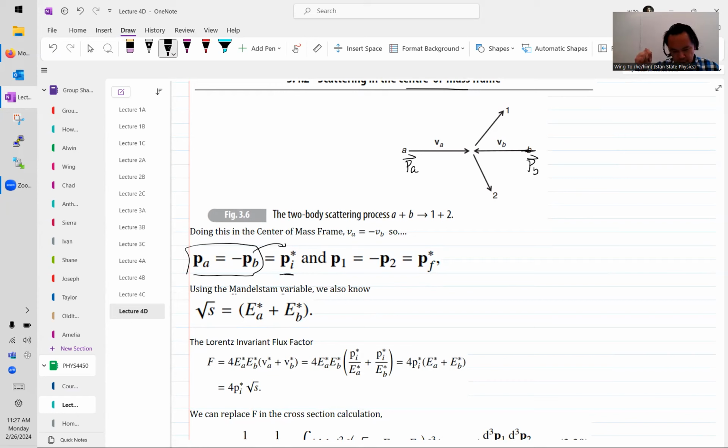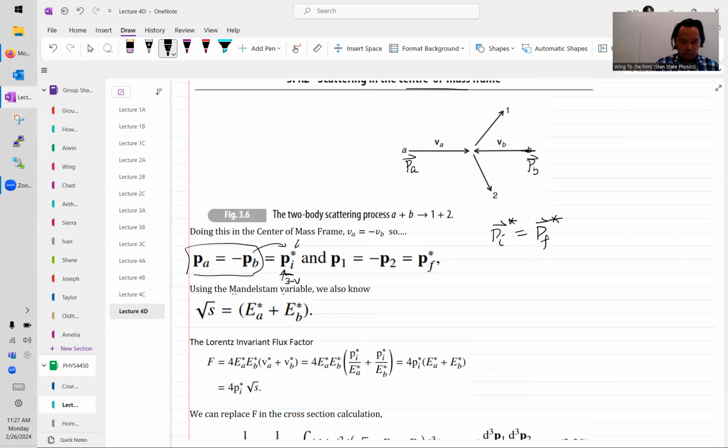Once again, he's using a different notation. When he uses stars in this case, all the stars mean values in the center of momentum frame. So this is still a 3-vector, but in the center of momentum frame. And of course, the p_i 3-vector in has to be equal to the p_i 3-vector out.